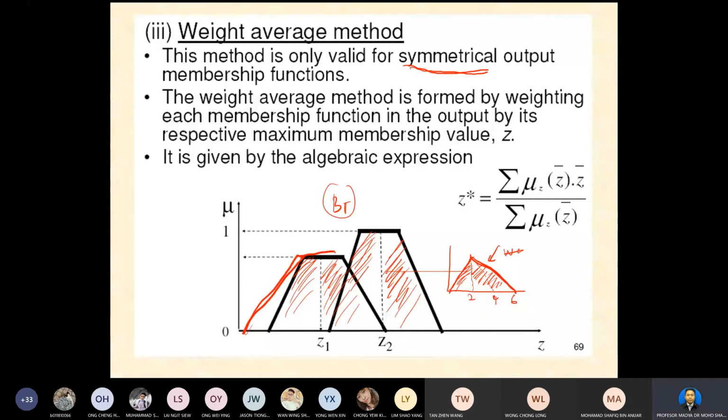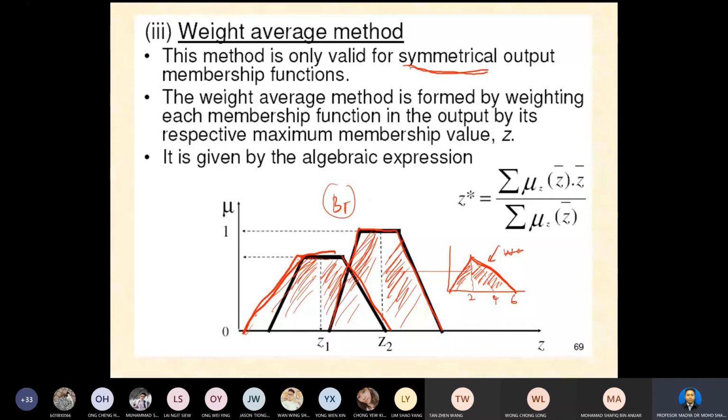This one is symmetrical, but this one is not symmetrical, so you cannot use the weighted average. All the outputs must be symmetrical. For example, if divided by 2, this part and this part are not the same.